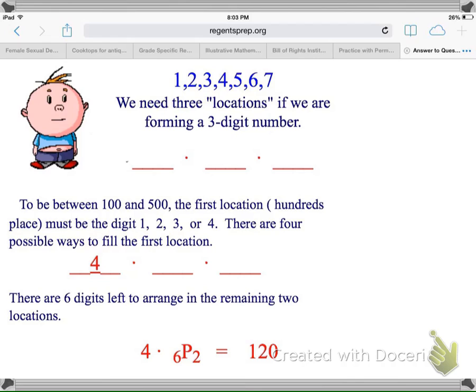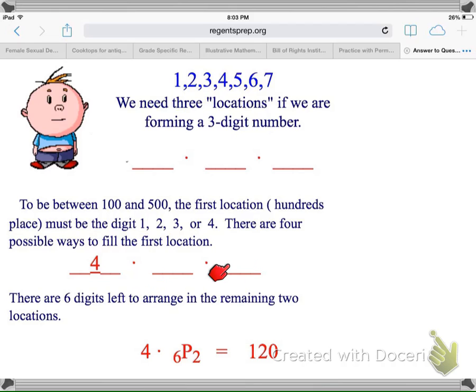Which means there are 4 possible ways to fill in that first location. It could be a 4, it could be a 3, it could be a 2, or it could be 1. Then there are 6 digits left, because remember it said no repetitions, 6 digits left to arrange in the remaining 2 places.